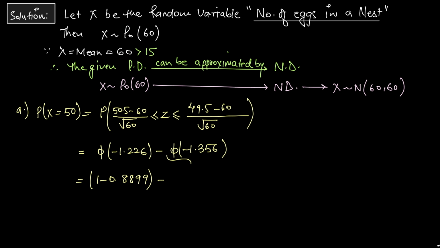When you use the table for this as well, it is again 1 minus 0.9125. And when finally solved using a calculator, we get the final answer as 0.0226. So this is the final answer for the given question.